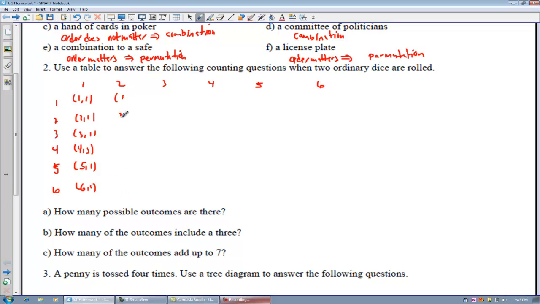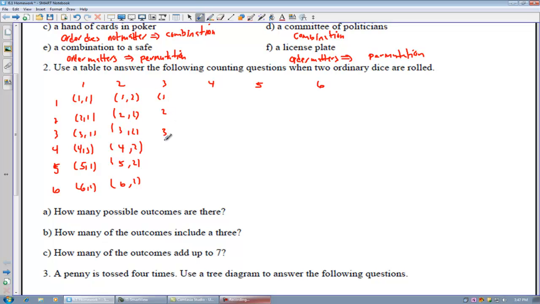So you just keep filling this out: 1, 2, 3, 4, 5, 6 with 2s, and we just keep on going.